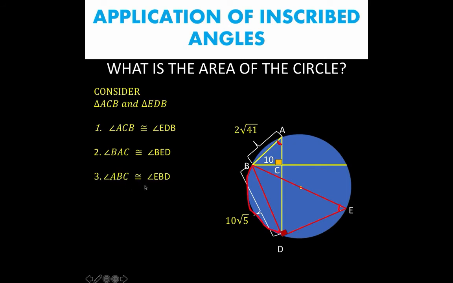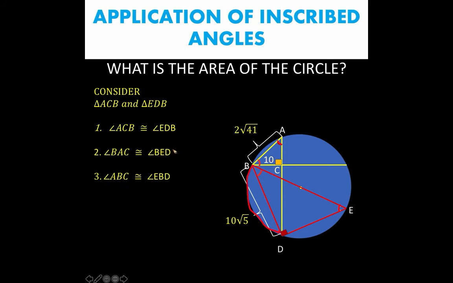Next, we can compute that angle ABC is congruent to angle EBD. Angle ABC is this angle, and angle EBD is this angle. We can show that these two angles are congruent because we know that the sum of the interior angles of a triangle is 180 degrees. So if we know that two angles of one triangle are congruent to two angles of another triangle, then subtracting the sum of those two angles from 180 degrees will result in these two congruent angles.